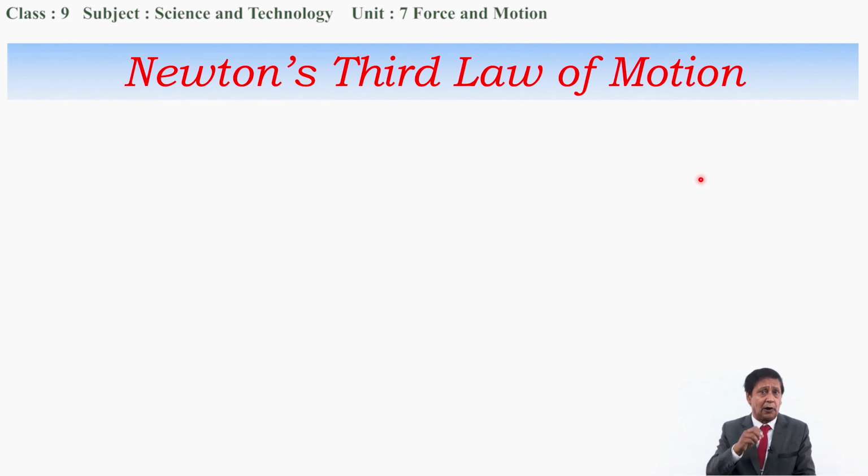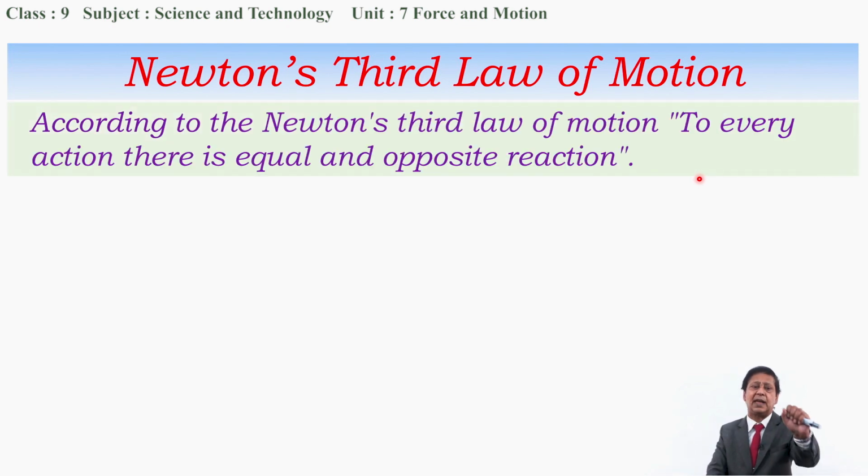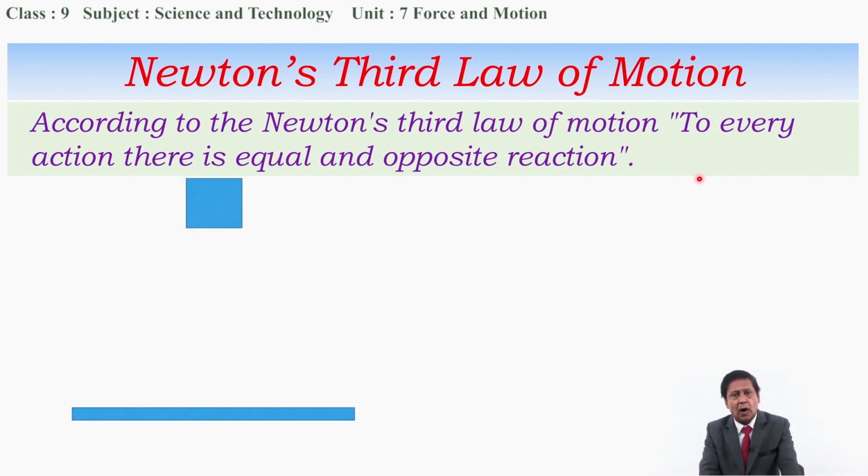According to Newton's third law of motion, to every action there is an equal and opposite reaction. It can be understood this way also. Let's say these two are the objects we have taken. If the first one is dropped over another, then certainly the first one applies force on the second one.